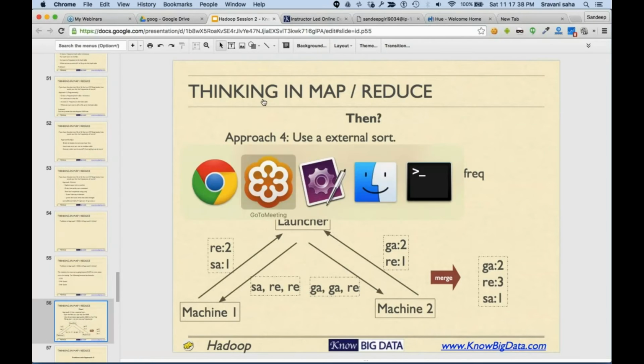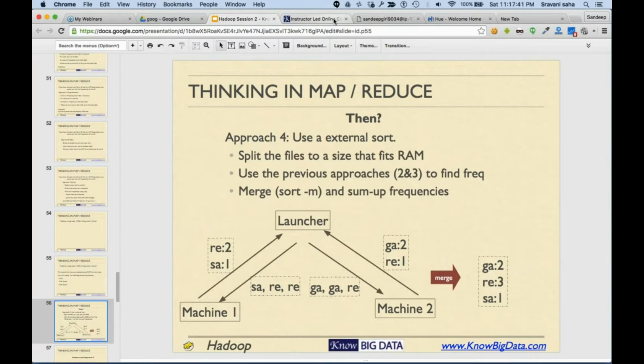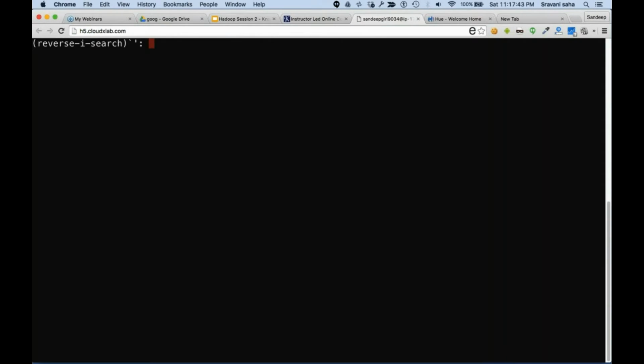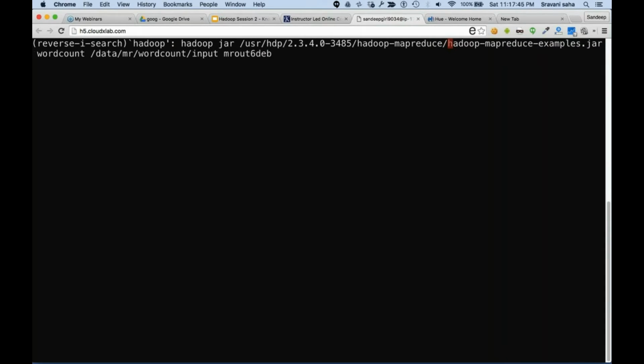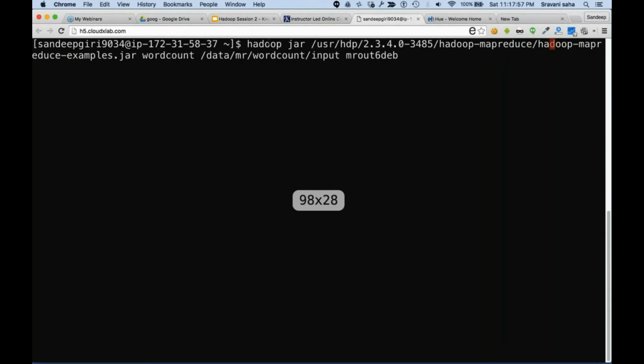Okay, so now let me describe that command again, the one which we did earlier. Yeah, this is the one. Let me bring it to a bigger font. You can see here the first is the Hadoop command, and then this jar.